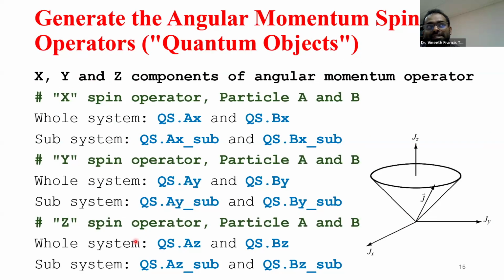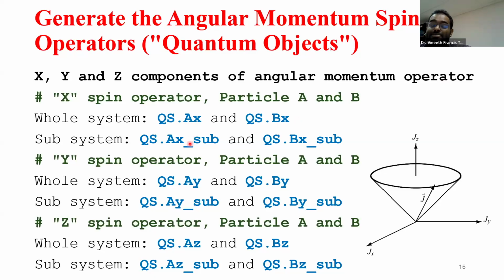After initializing, PyOR creates all the angular momentum spin operators. These operators created are quantum objects, I'll explain what that is. So we have the first three components of the angular momentum operator, X, Y, Z. For the whole system, you can access spin A's X component and B's X component.